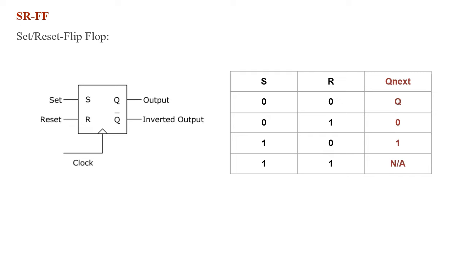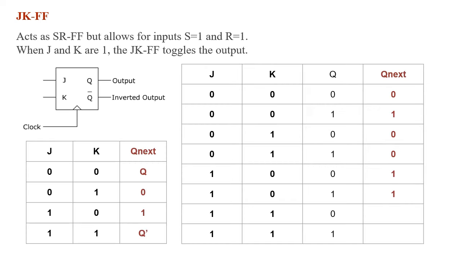If R is 1 and S is 0, it means reset, so the output is going to be 0 regardless of the previous output. If S is 1 and R is 0, it means set to 1, so the output is going to become 1. If both set and reset are 1, then this option is not allowed.